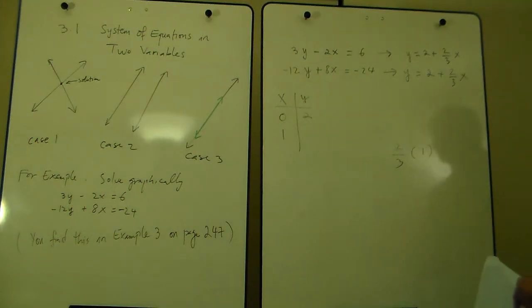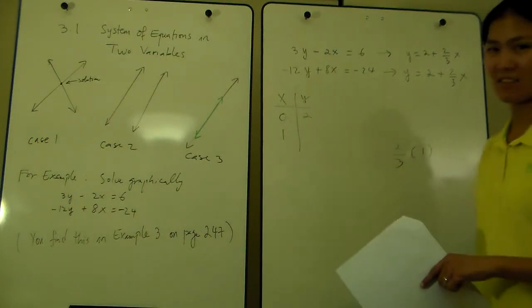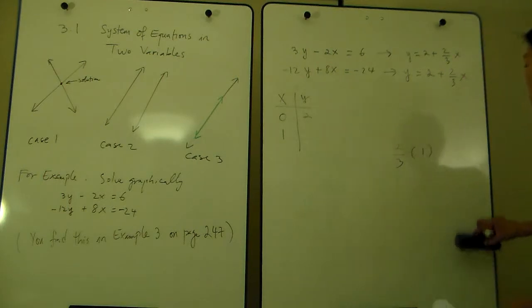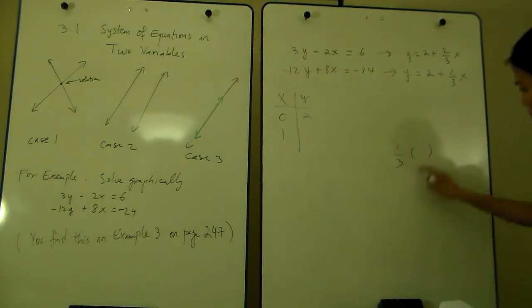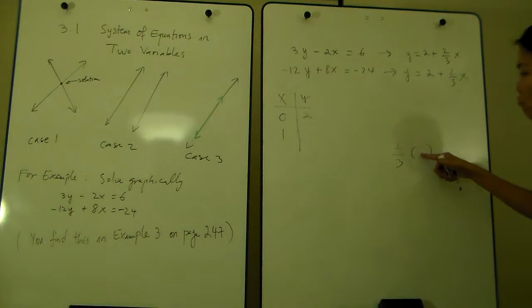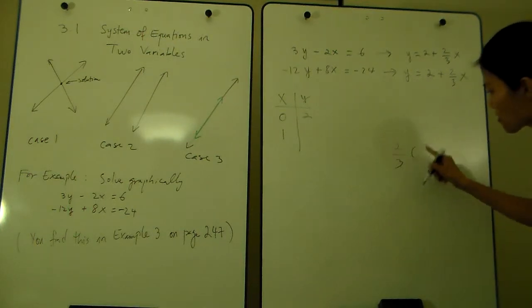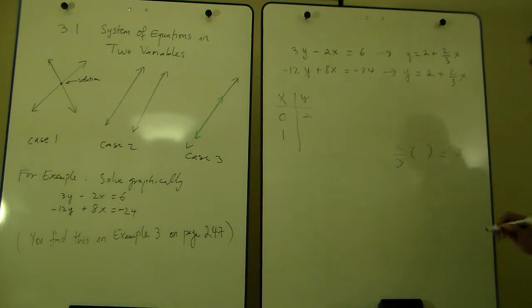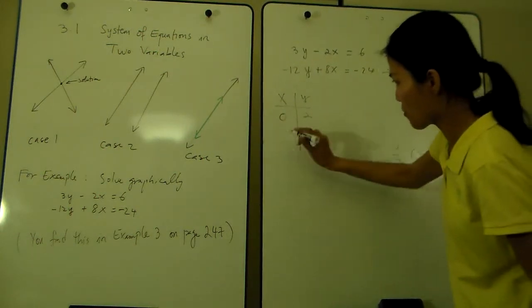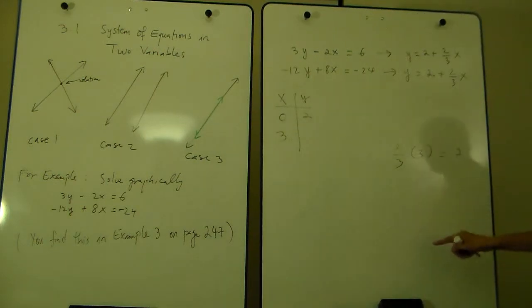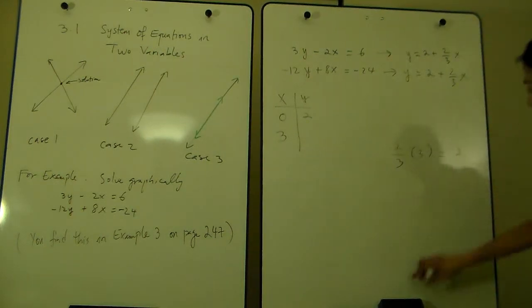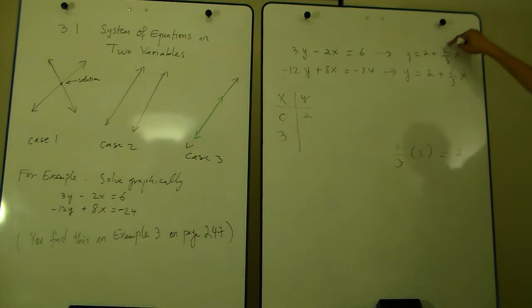But because it's your choice to select an x, you can make your life easier by substituting any value of x that will eliminate the denominator. So y is 2 plus 2/3 times x. What if you select 3 for x? Then when you substitute here, you will have 2/3 times 3, which is 2.